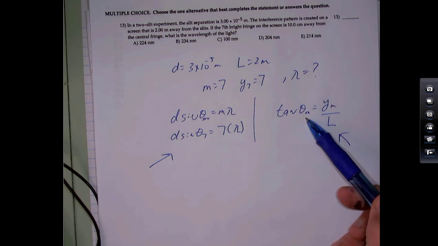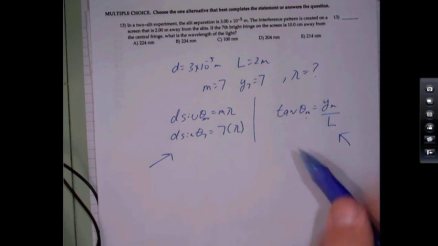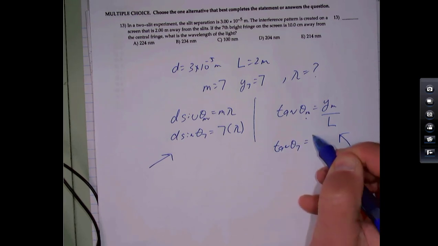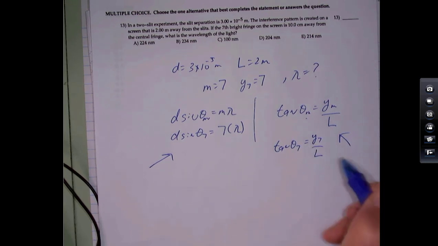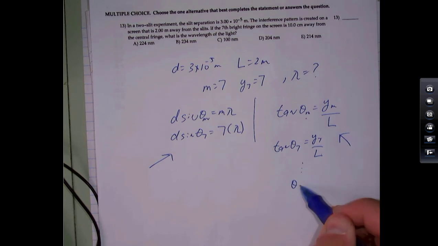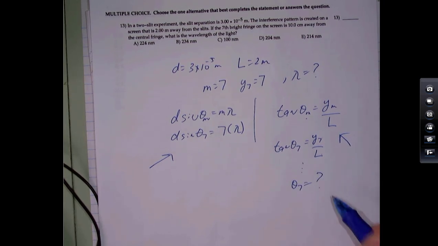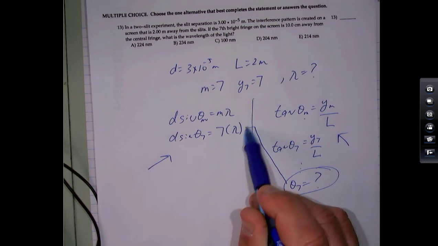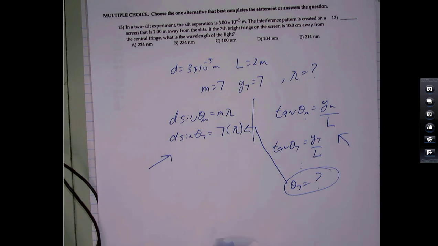From this, you can figure out what theta 7 is. So tangent theta 7 is equal to y7 over L. That's given and this is given. Theta 7 is equal to something. Take a look at that and get theta 7.